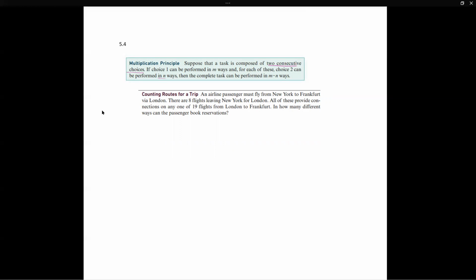Let's just go to the example because that'll make it easy to understand. An airline passenger must fly from New York to Frankfurt via London.